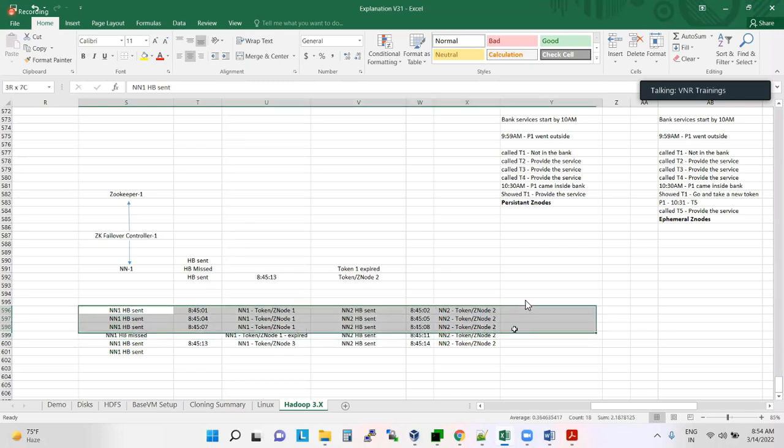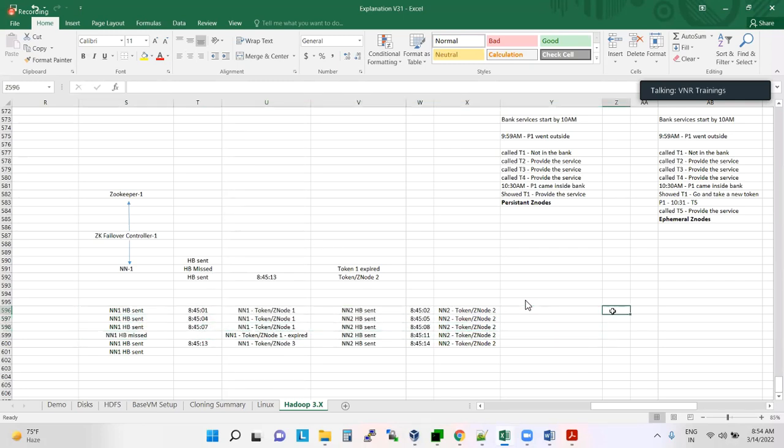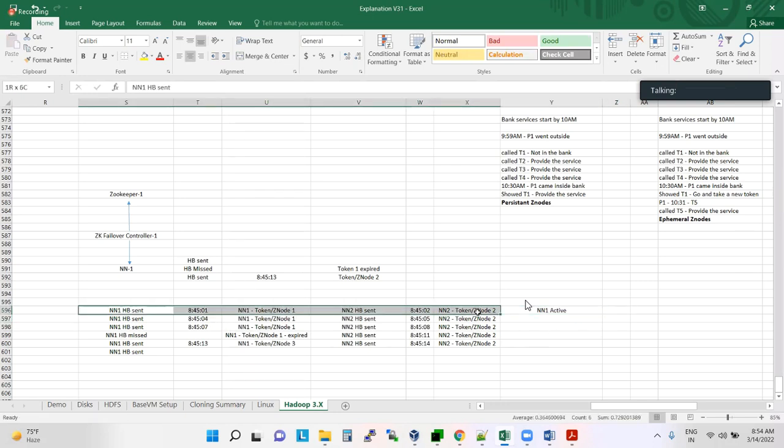Till this stage, NN1 is active. Understood? Understood, sir. In this stage, who has the least token number? Token number 1, sir. So token number 1 belongs to NameNode 1.